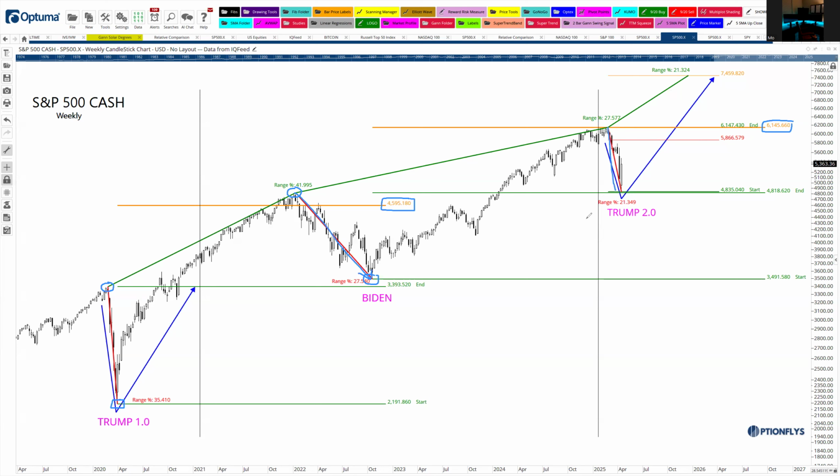What do you think the market is doing here? Is it repeating the same cycle right in front of you? Take this high and this low, 200% bear market. Take this high and this low, 200% bear market.